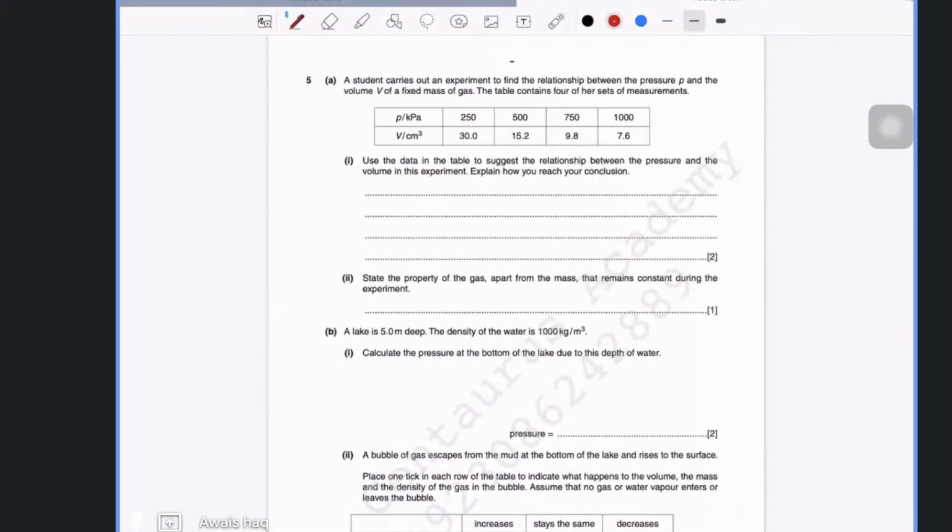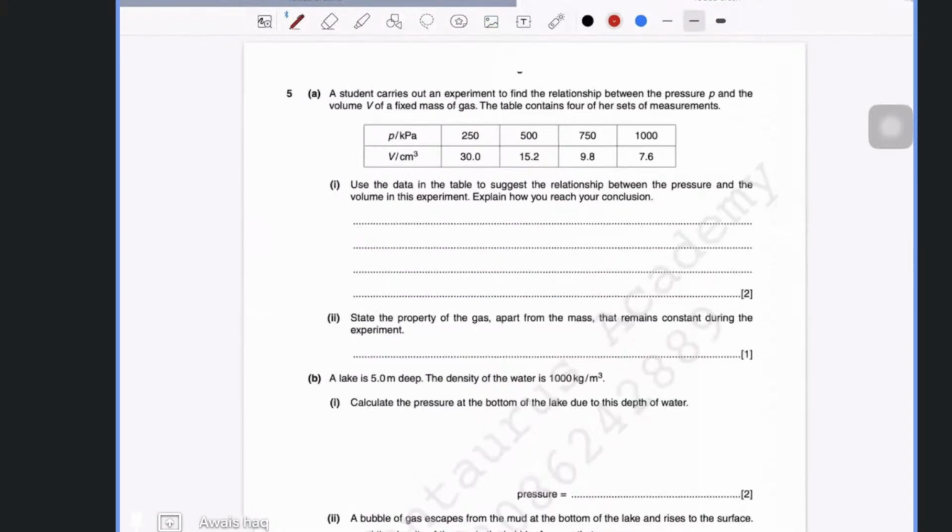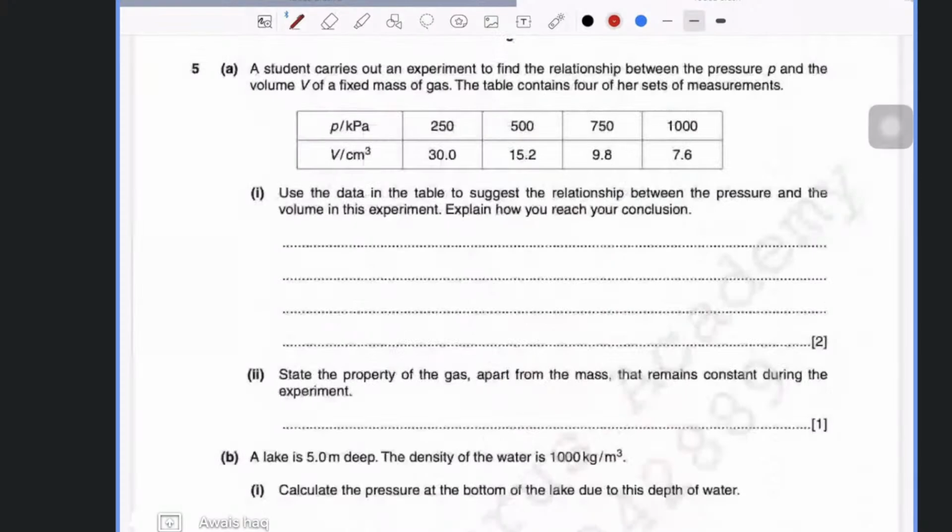Yesterday we basically started with the gas laws, and today we are going to do this. It says a student carries out an experiment to find the relationship between the pressure P and volume of a fixed mass of gas. The table contains 4 of her sets of measurements. Use the data in the table to suggest the relationship between pressure and volume in this experiment, and show how you reach it. If you notice, each time the pressure increases, the volume is decreasing, no?